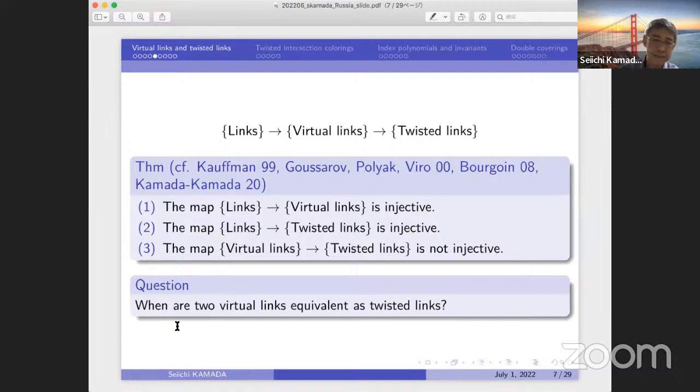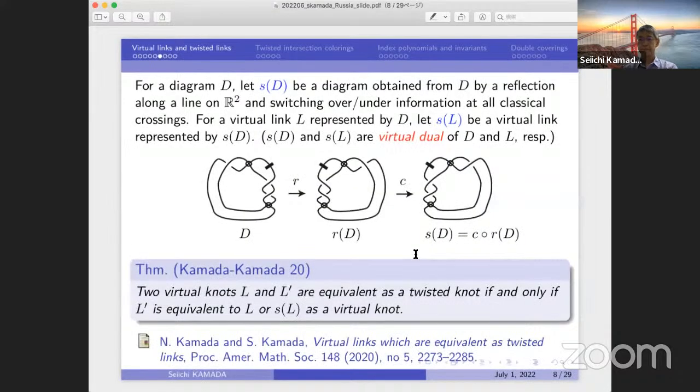So the question is, when are two virtual links equivalent as twisted links? Here is the answer. For a diagram D, let SD be the diagram obtained from D by a reflection along a line in R2 and switching over and under information at all classical crossings.